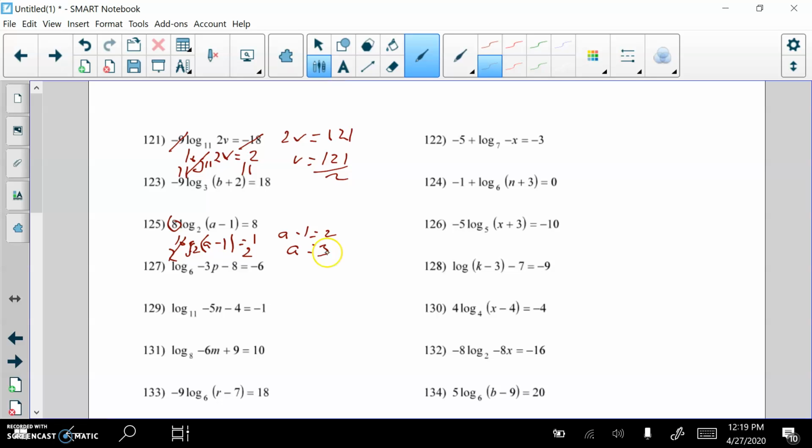This one's pretty easy since a is equal to 3. 3 minus 1 is 2. Log base 2 of 2 is 1. 8 times 1 equals 8. So most of them should come out okay.